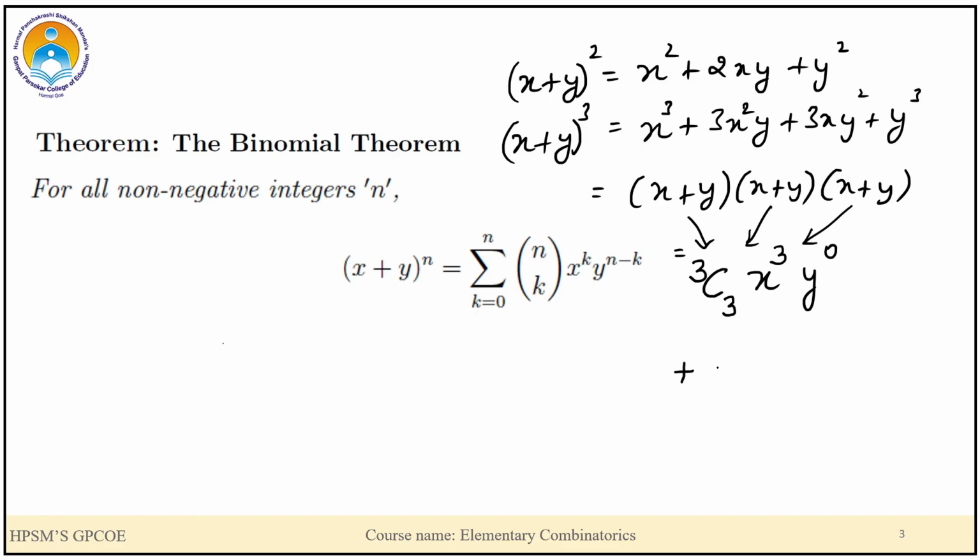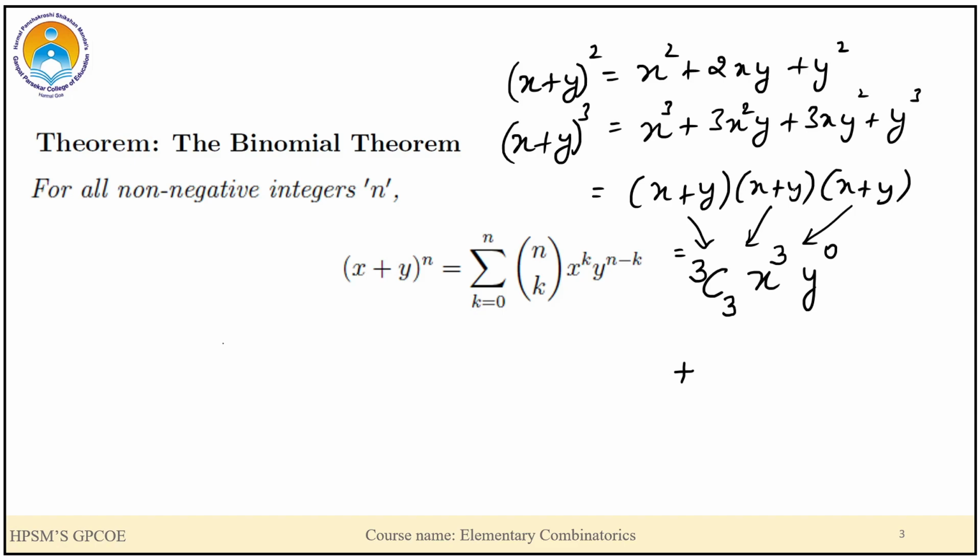Now, if I need to produce a term which contains 2 x's and 1 y, then I can choose two x's from the first and the second parenthesis and nothing from the third. I can choose two x's from the second and the third parenthesis and nothing from the first.